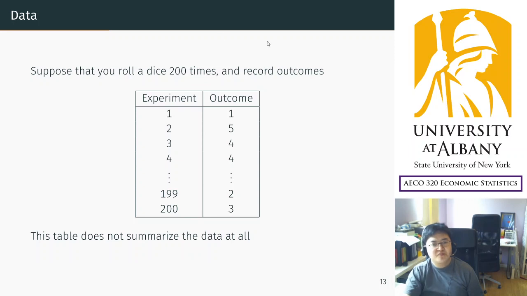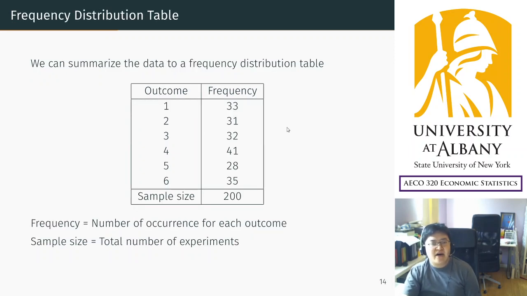So I will summarize the data by a frequency distribution table. This is a frequency distribution table. We summarize that there are 6 different outcomes in our data, and each outcome has this number of occurrences.